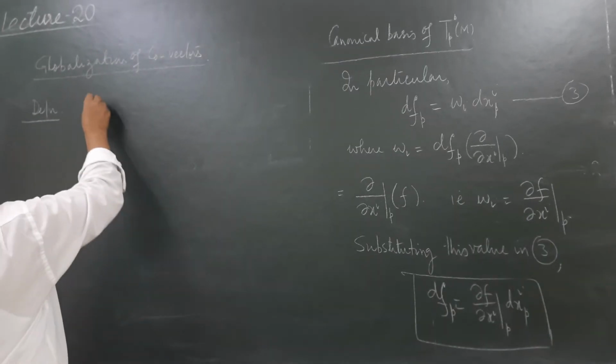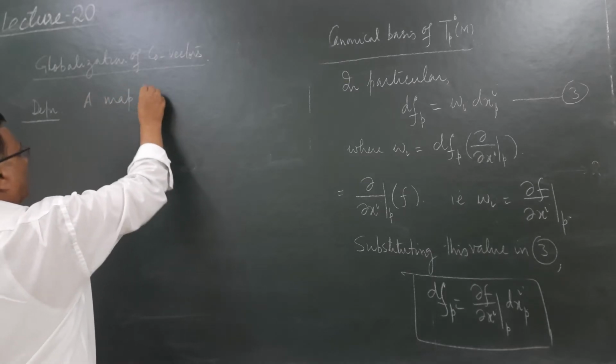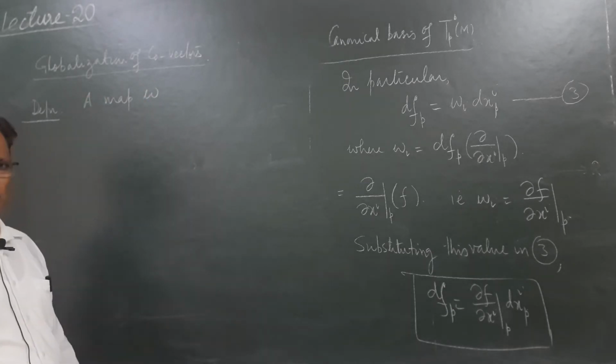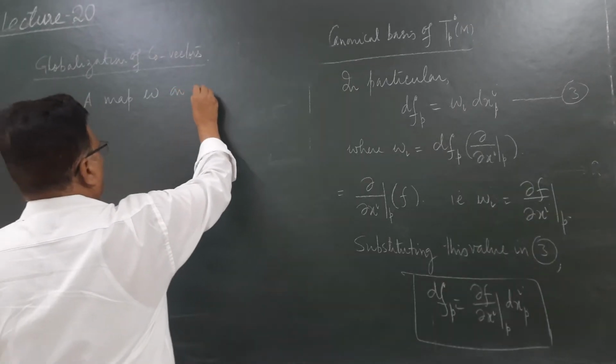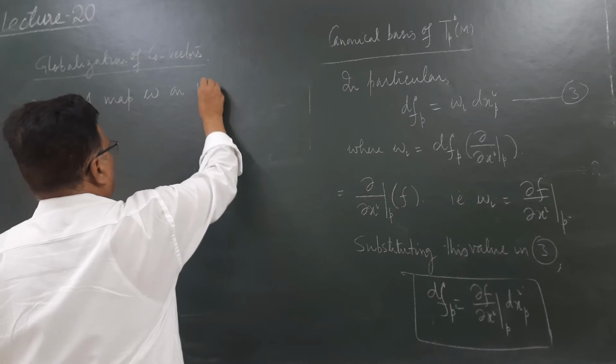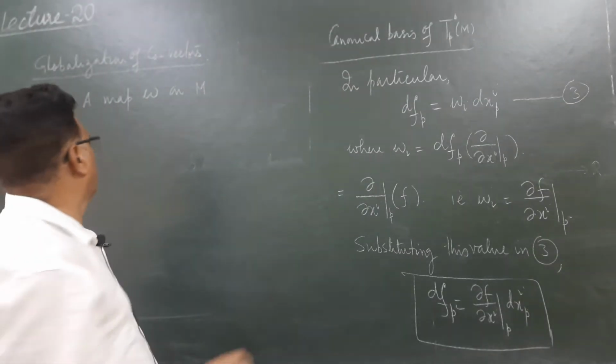So a map omega on M, where M always means a differentiable manifold of dimension n.